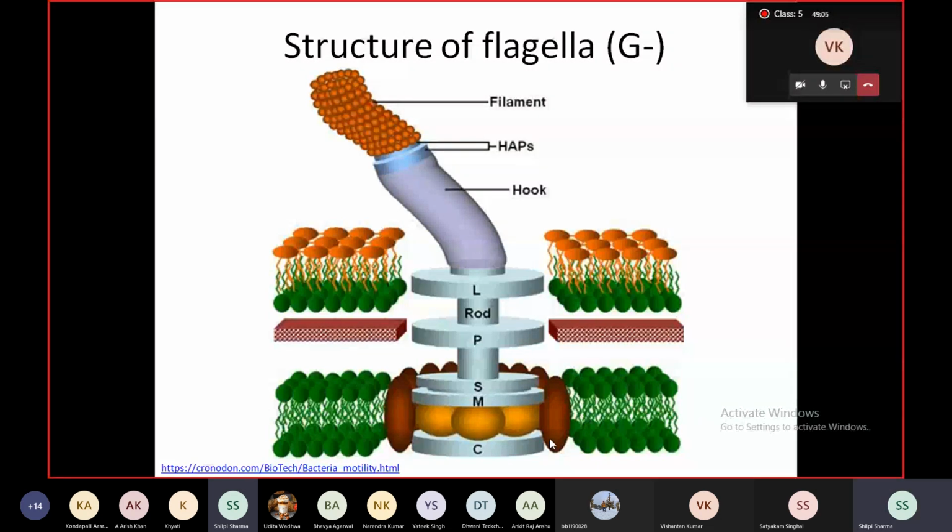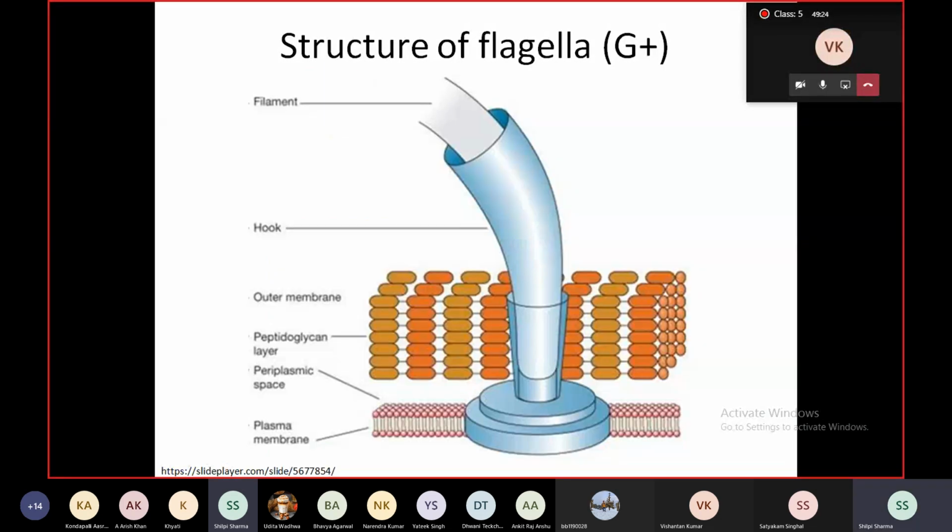There's also a C ring which extends into the cytoplasm. So the naming is based on the layer in which they are found. If you notice, there is a rod which is a major component of the flagellar basal body, other than these protein rings that I just talked of. On the other hand, in the gram-positive, you will notice just the 2 rings embedded in the plasma membrane.